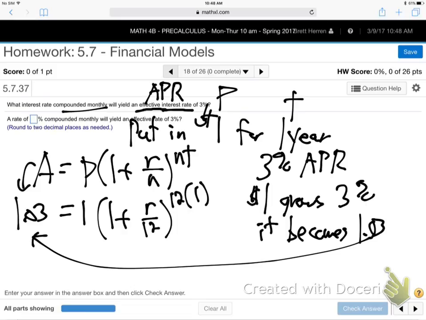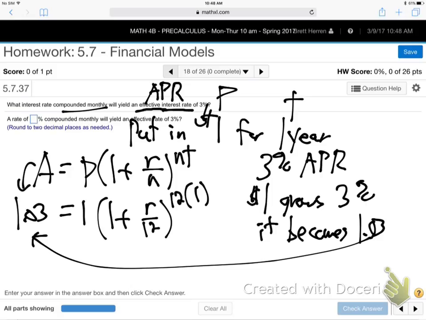That's the A, the amount it becomes. They're saying I want some lower rate that's going to have the effect of 3%. I'm putting in $1 for 1 year, and it's going to become 1.03. So we have to solve that equation for R.